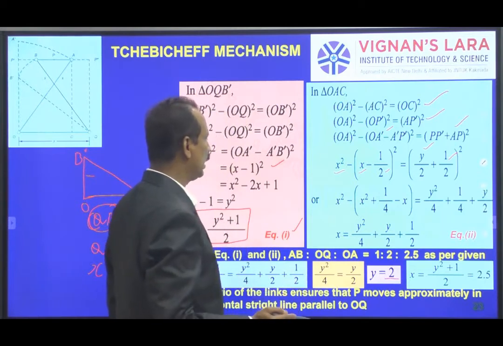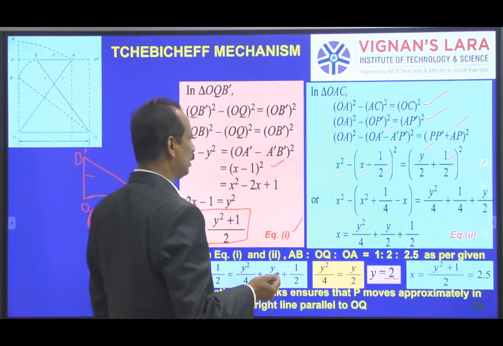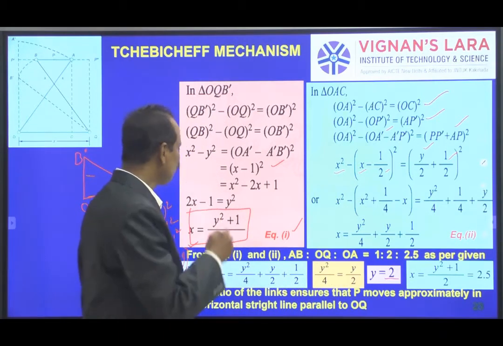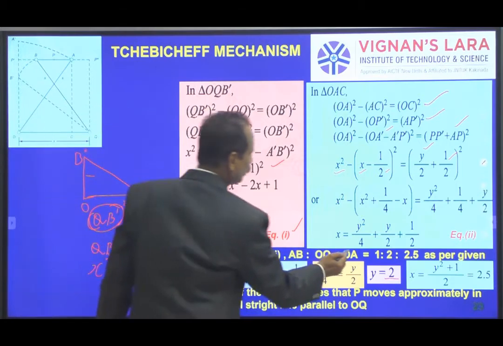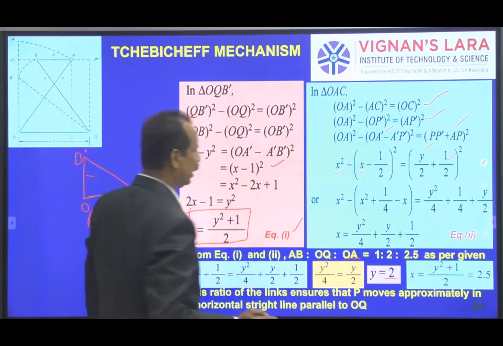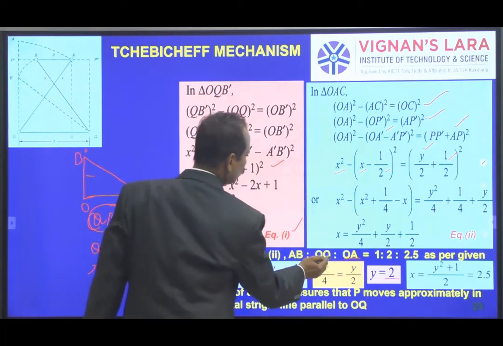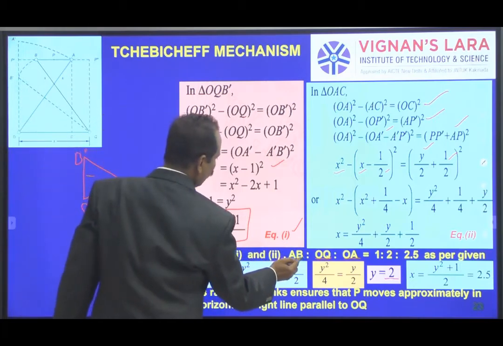So what are X and Y which we have stated? We have stated X as OA, X is equal to OA, then we have stated Y is equal to OQ, then AB we have taken as 1 unit.